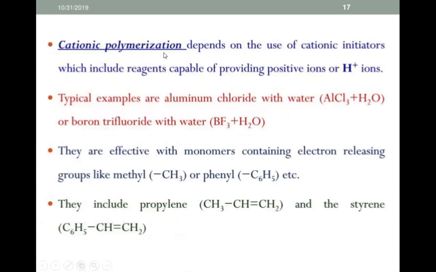So this polymerization depends on the use of cationic initiators, which include reagents capable of providing positive ions or H plus ions. Examples are aluminum chloride AlCl3 with water H2O, or boron trifluoride BF3 with water.